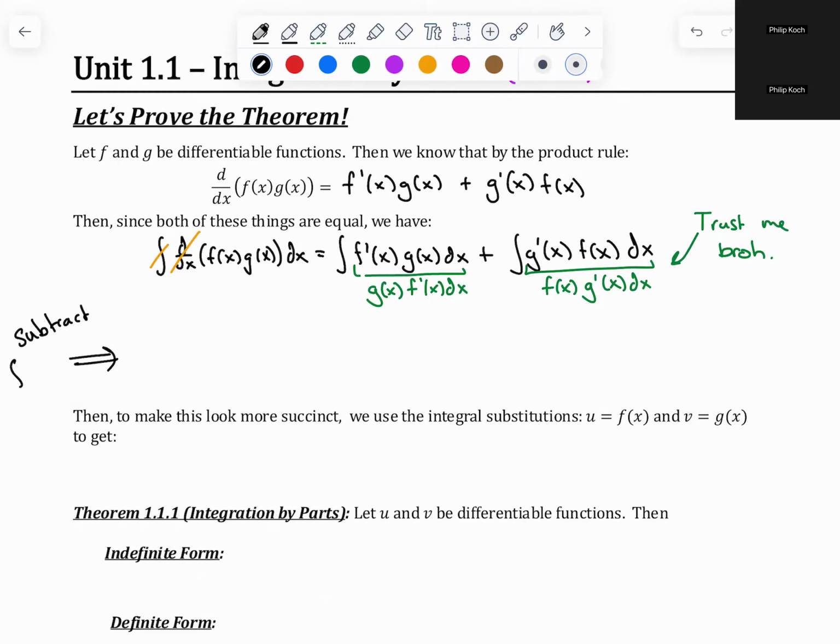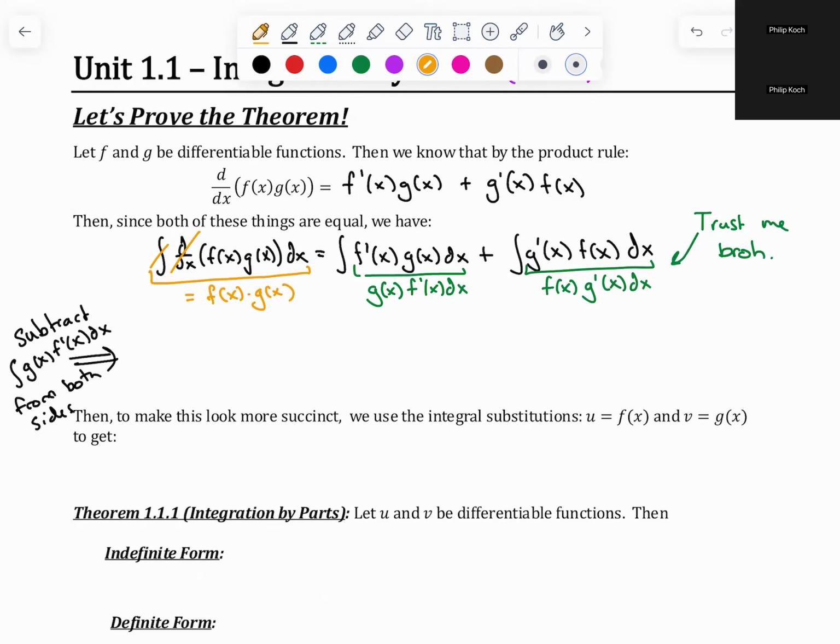Yes, subtract g of x f prime of x dx from both sides, and we're going to rearrange it a little bit. This is just equal to f of x times g of x. Okay.